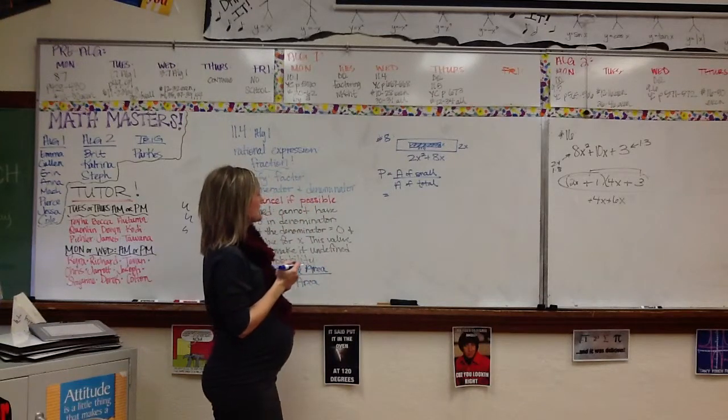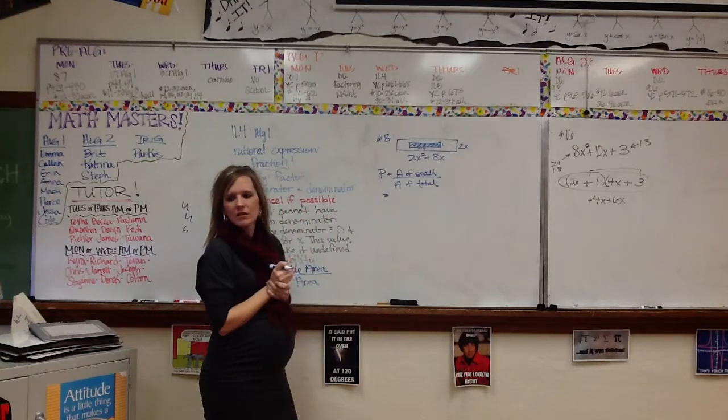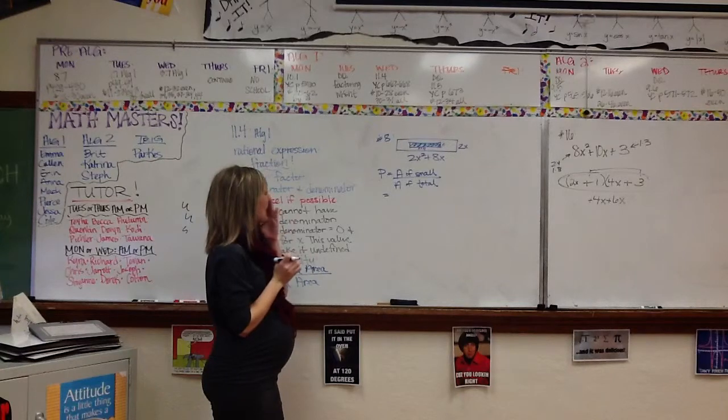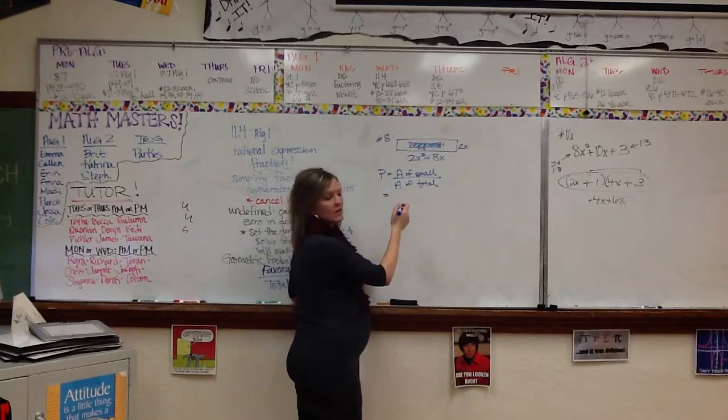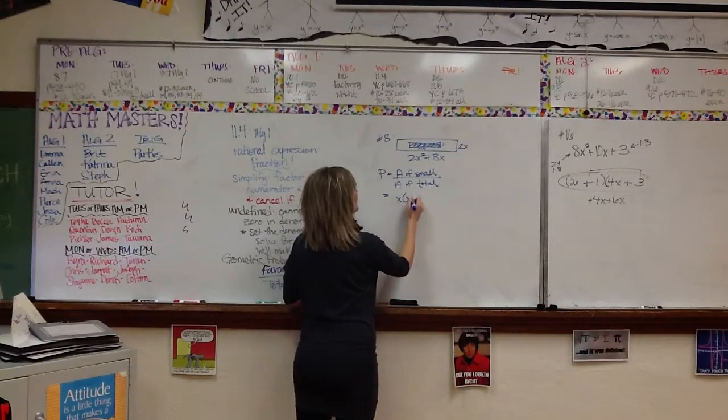Breton, how am I going to find area of the small? Length times width. And in this case? x times (x + 4). Very good.